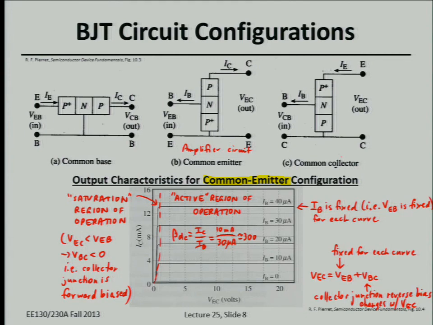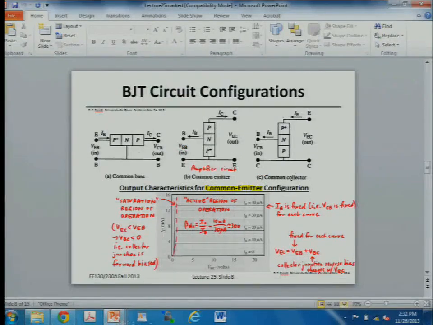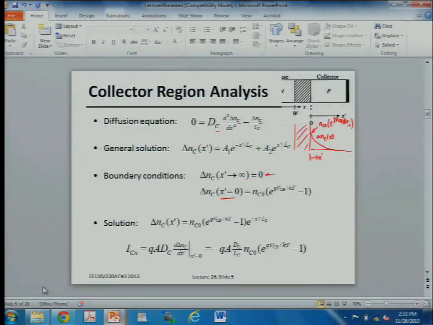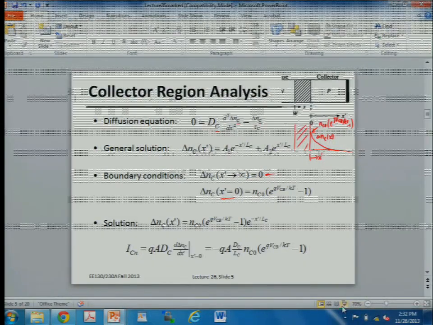But in a BJT, the saturation region is actually this region to the left, where IC actually becomes less than beta IB because you're injecting holes in the wrong direction. And so minority carriers are piling up or saturating the quasi-neutral base. So that's a difference with BJT terminology.